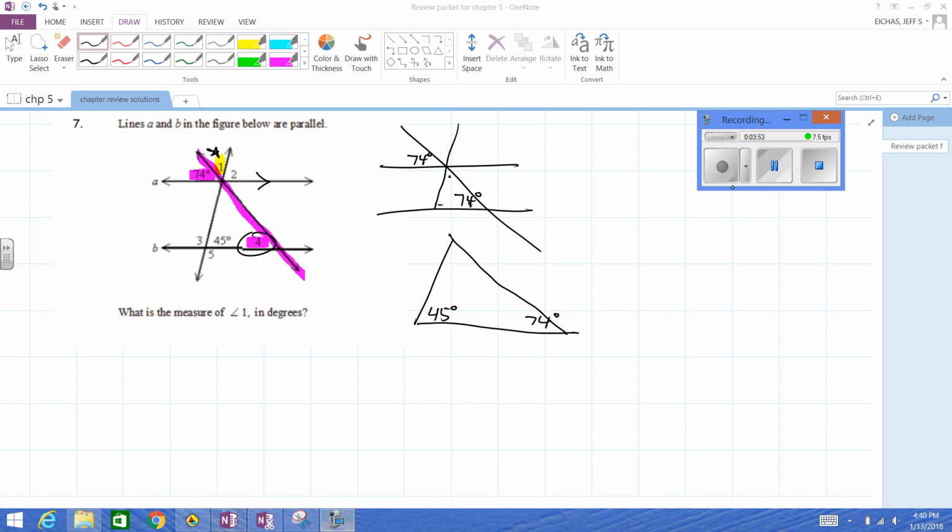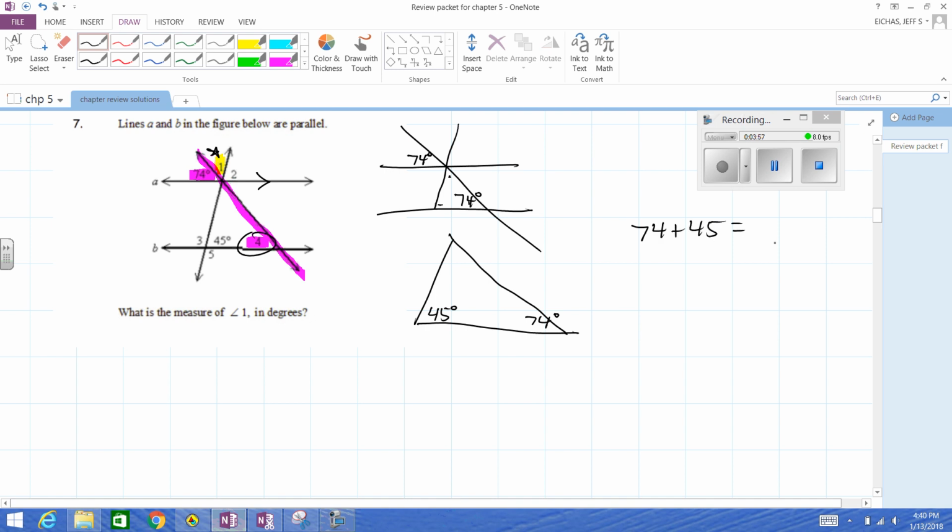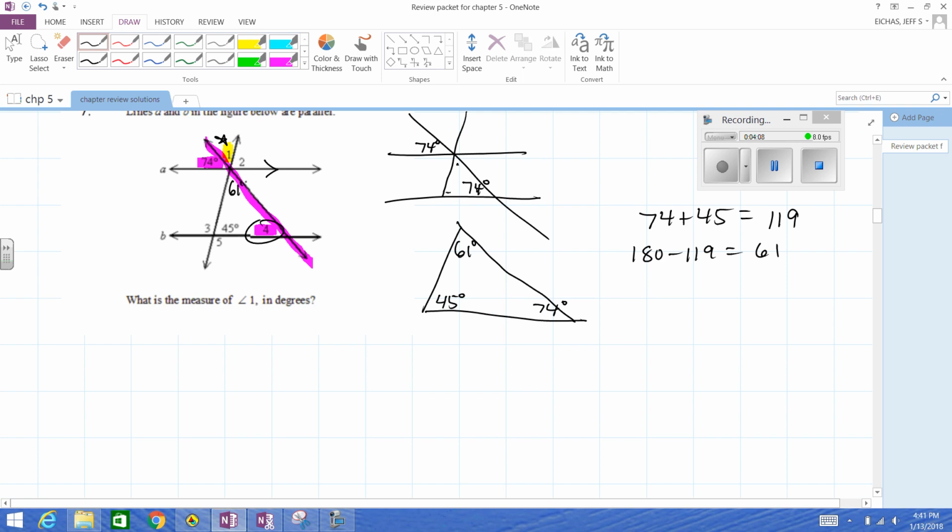So where we're at is we'll add 74 and 45. That's going to get us 119, and then 180 minus 119 gets us 61 right here. Now, that means we've got a 61 there.